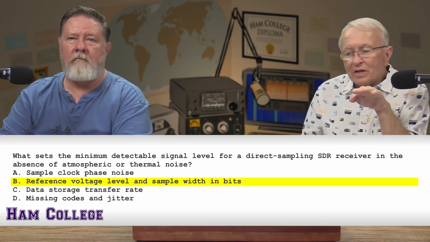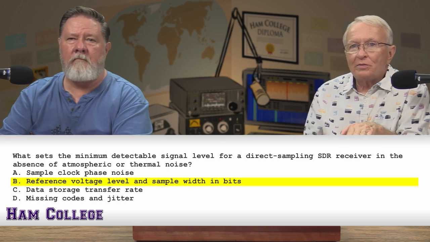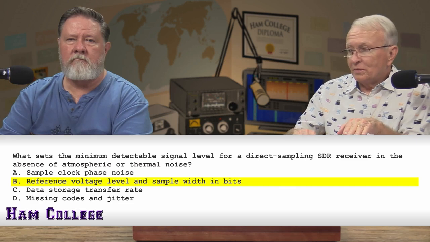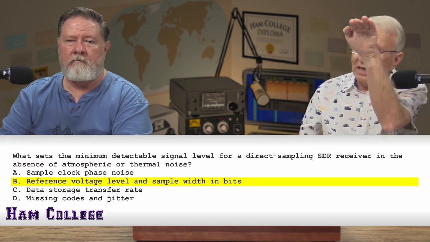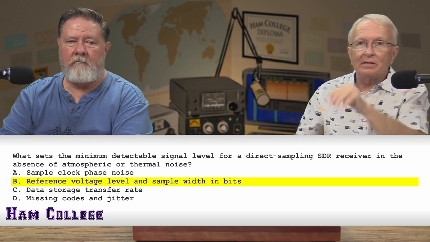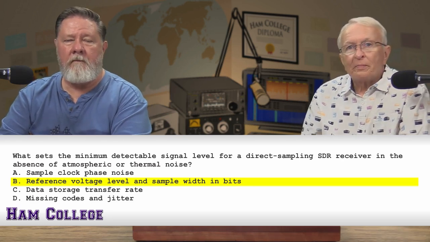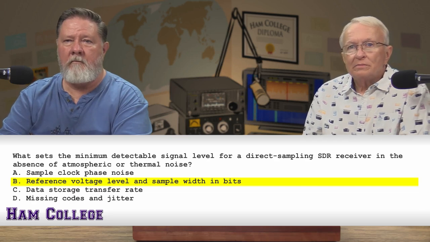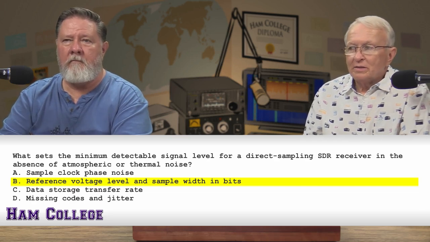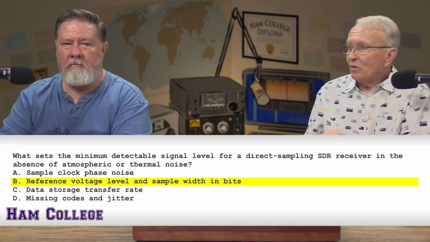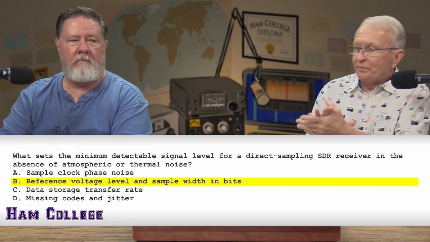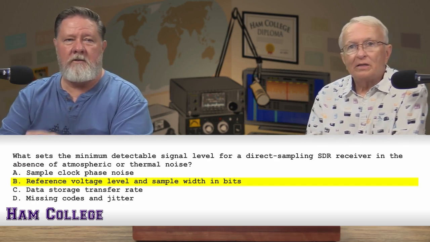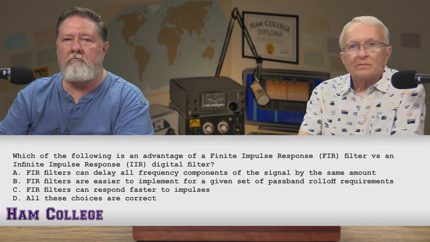So the lower that reference voltage level, the lower the minimum detectable signal. If you had a real high voltage level, you couldn't really detect anything very low. And the sample width in bits. The more bits you got, the more precision, more resolution you got. Well, we just did that with the calculator earlier.